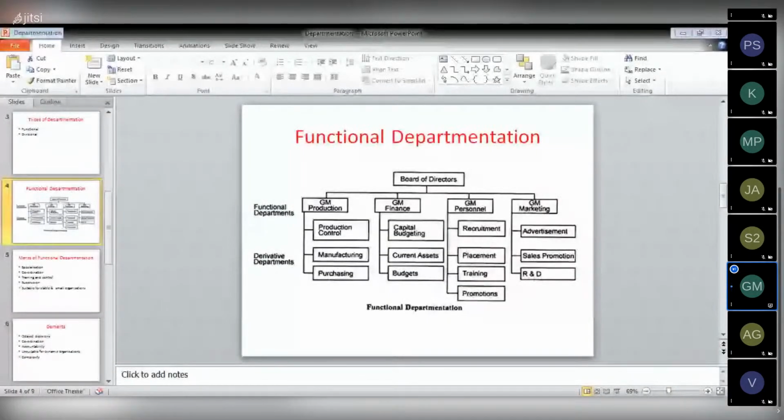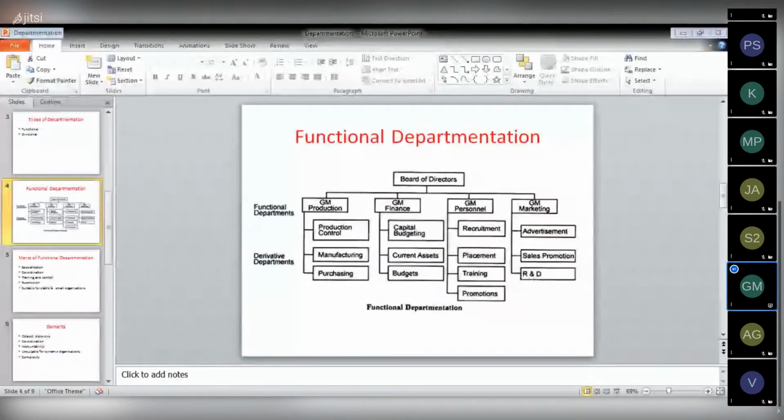So in a division, you can focus on how to market and how to improve the performance of your own division.